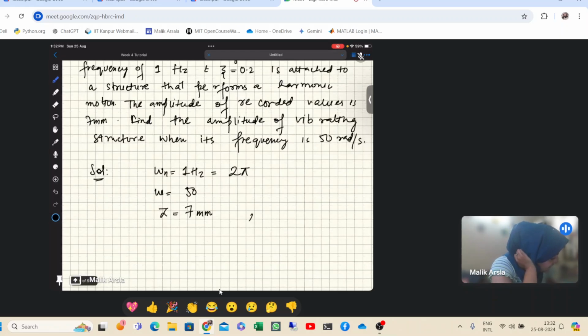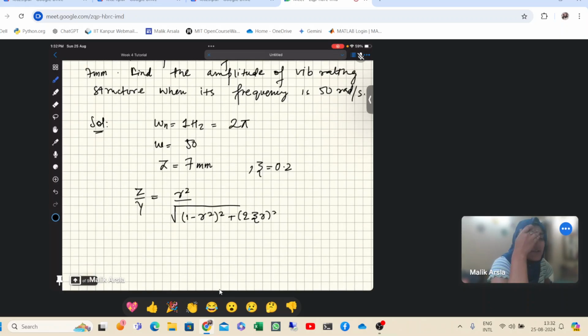And zeta is equal to 0.2. So we have that Z upon Y is equal to R square upon under root of 1 minus R square whole square plus 2 zeta R whole square. So basically the concept is the same in every question. The wording might be different, but it's almost similar.